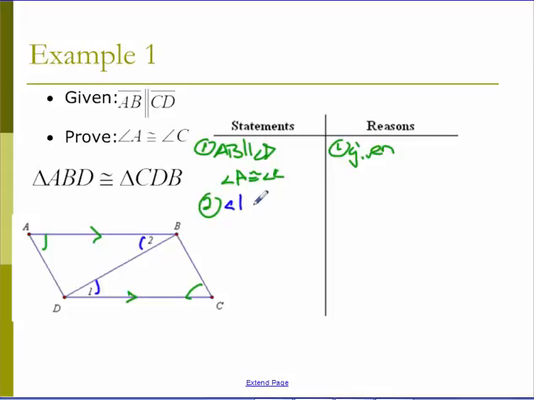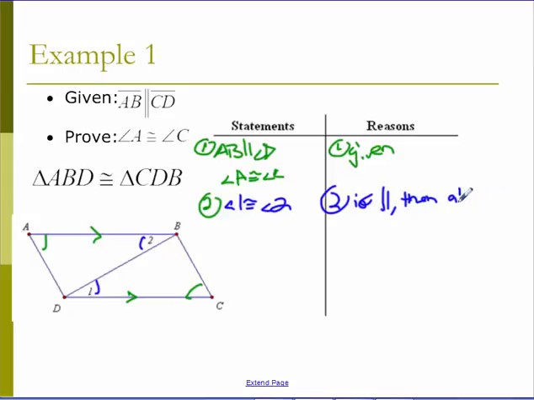So angle 1 is congruent to angle 2, and that is by, if parallel, then alternate interior are congruent.